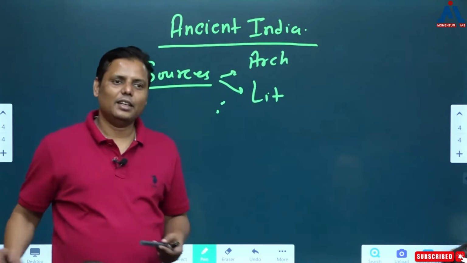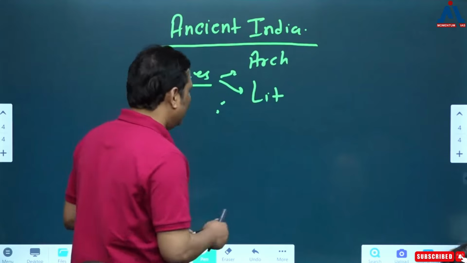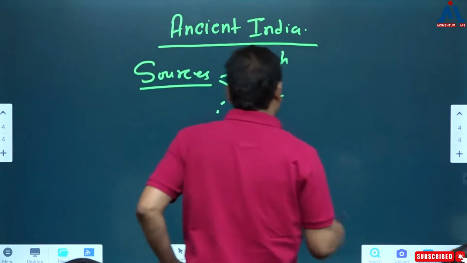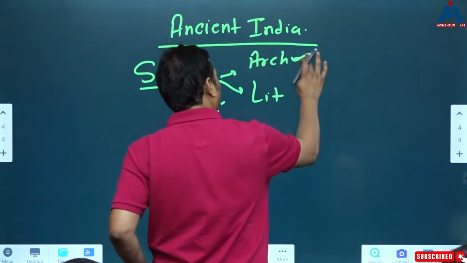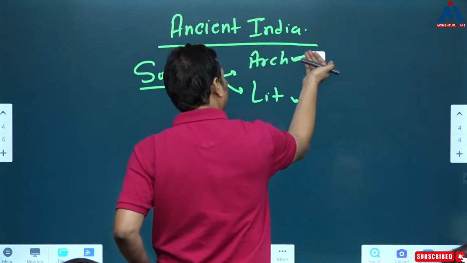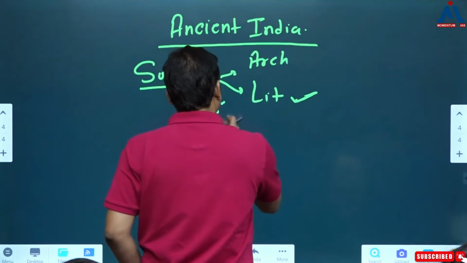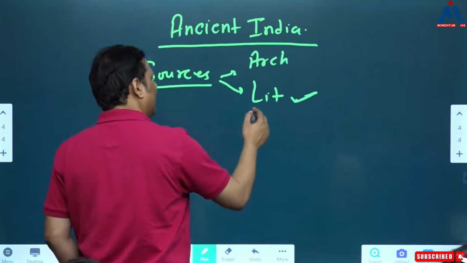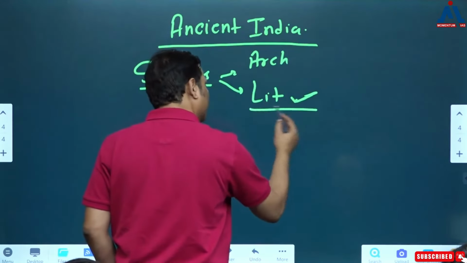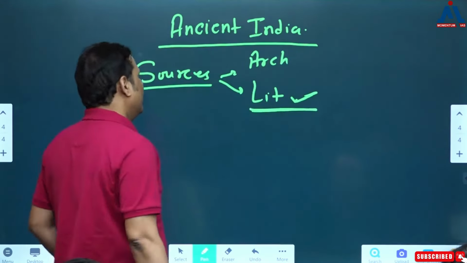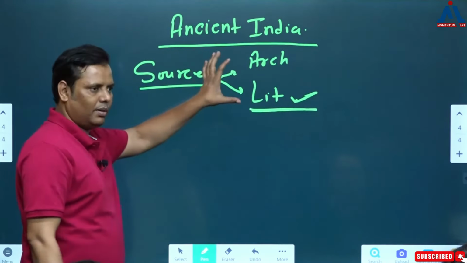So that's the reason. When it comes to the use of sources, which sources have been used more? Of course it is the literary sources, not the archaeological sources, right? Since literary sources have been used more for writing history, that has created a problem.